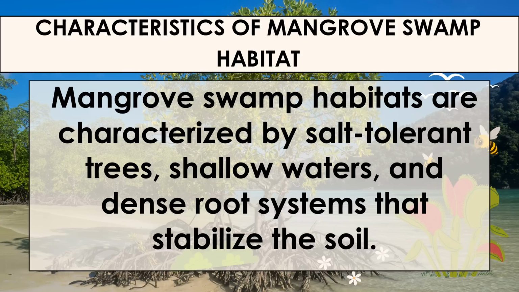Characteristics of mangrove swamp habitats. Mangrove swamp habitats are characterized by salt-tolerant trees, shallow waters, and dense root systems that stabilize the soil.